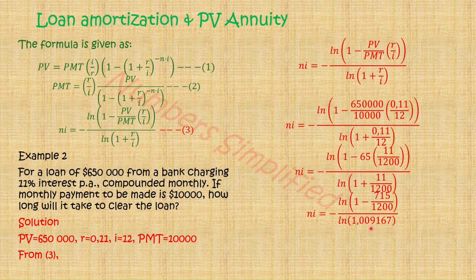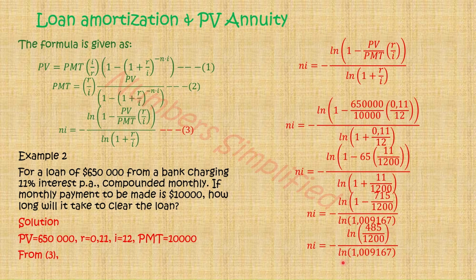Simplifying further what we have in the numerator, 1 minus 715 over 1,200 gives us the natural log of 485 over 1,200, divided by the same denominator we had in the previous step.